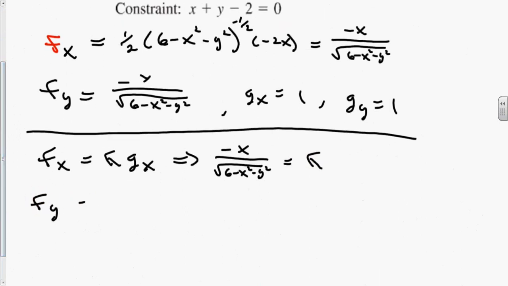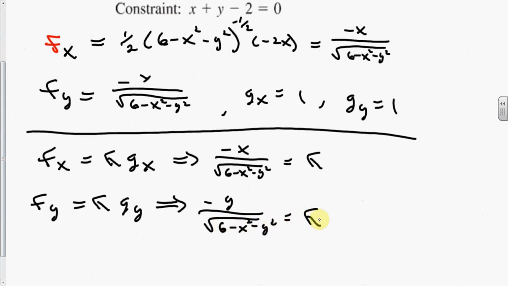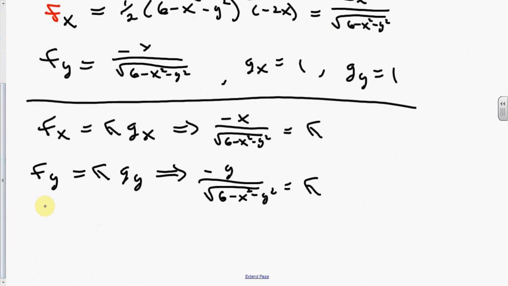The partial of f with respect to y is equal to lambda times the partial of g with respect to y. That implies that we have negative y all over the square root of 6 minus x squared minus y squared, which is also equal to lambda. Since they're both equal to lambda, we set both of these terms equal.